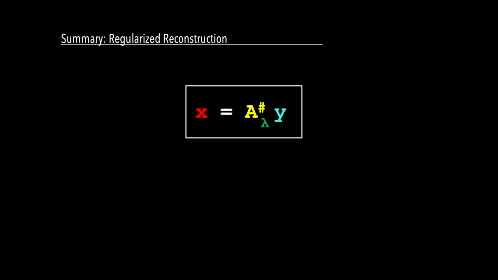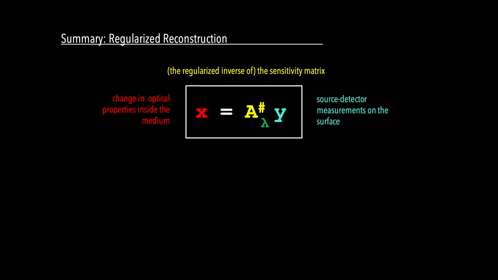We have now obtained a generic expression for the regularized reconstruction. This allows us to estimate changes in optical properties inside a medium given a collection of source detector light measurements on the surface. The key step is construction of a sensitivity matrix and the application of regularization to obtain a generalized inverse. Conceptually, the derivation is complete.